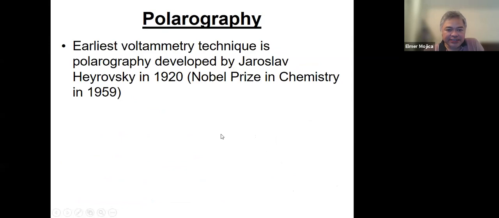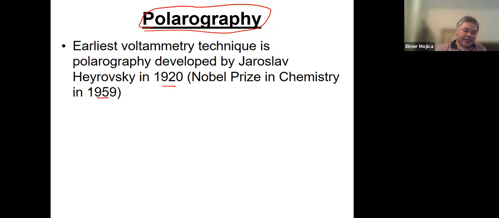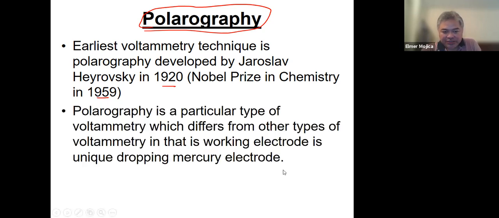One technique developed from voltammetry is known as polarography. It was developed in 1920, and Jaroslav Heyrovský got the Nobel Prize in 1959 for this technique. Polarography is a particular type of voltammetry which differs from other types because the working electrode is unique.